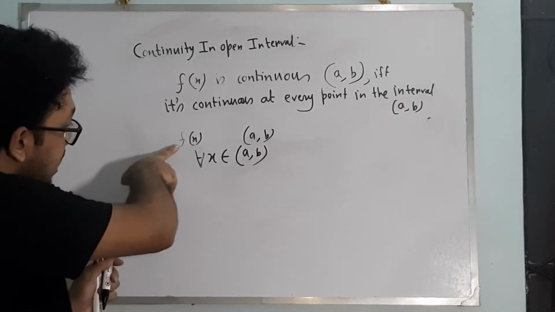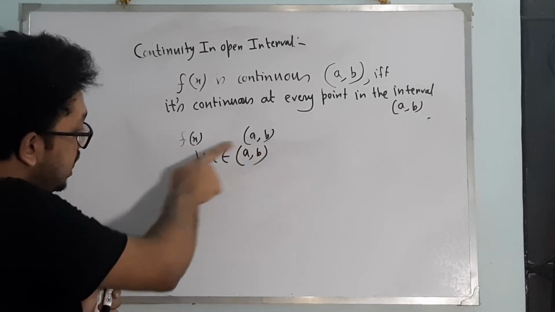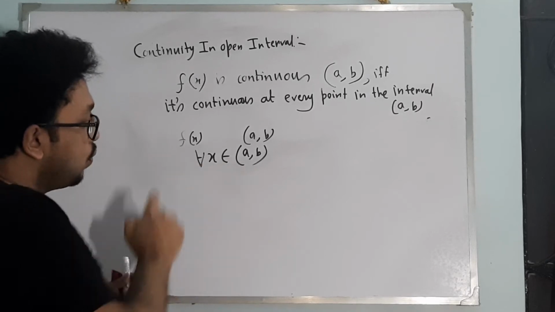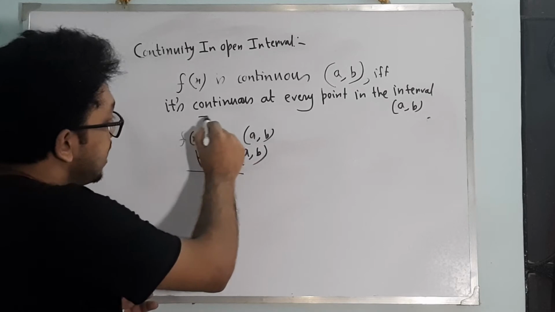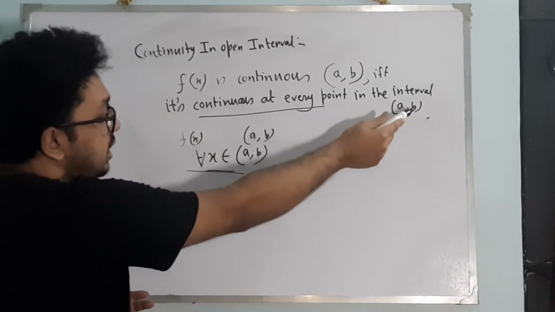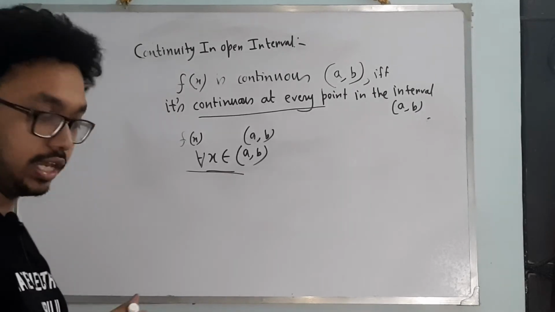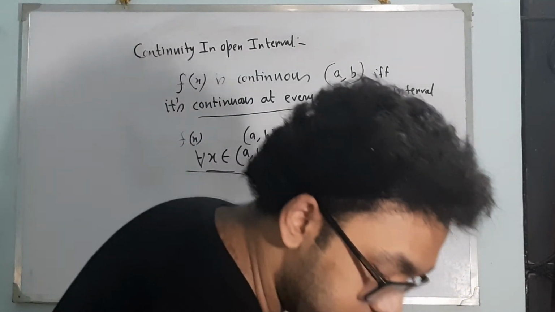So what did I say? f(x) will be continuous in open interval a to b if f(x) is continuous for all value of x belonging to the open interval a comma b. This is simply another way of saying this same thing. At every point in the interval a comma b means for all value of x belonging to the open interval a comma b. Clear? We will definitely solve problems from this topic.